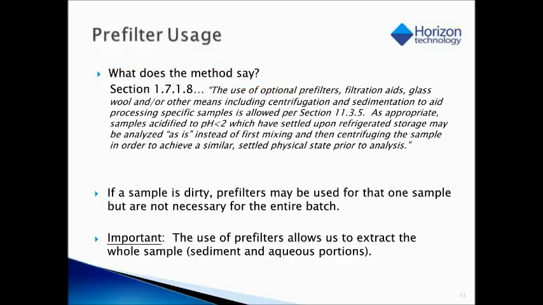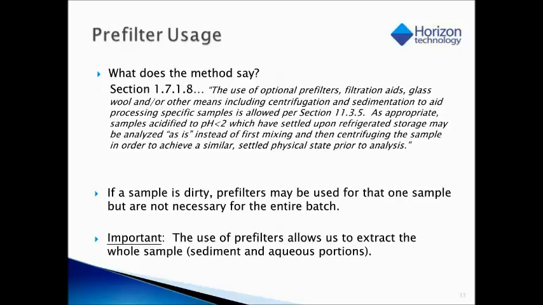In section 17.1.8 of the 1664B method, it gives you permission to use the pre-filters for just that sample rather than for the entire batch. Most often, when I've done this in the field, I'll get 5 or 6 of the samples pulled, and then the other 10 samples come out later.